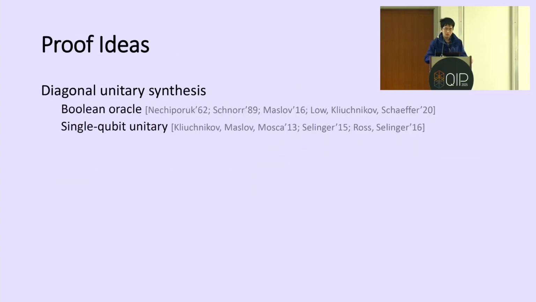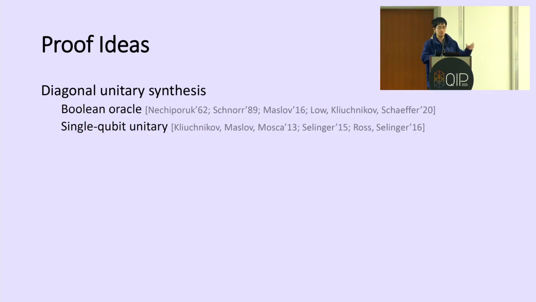Okay, in the end, let me just mention some buzzwords for the proofs: how we actually did diagonal unitary synthesis, and how we constructed states using Clifford plus T circuits. For diagonal unitary synthesis, we rely on very old wisdom to implement Boolean oracles.